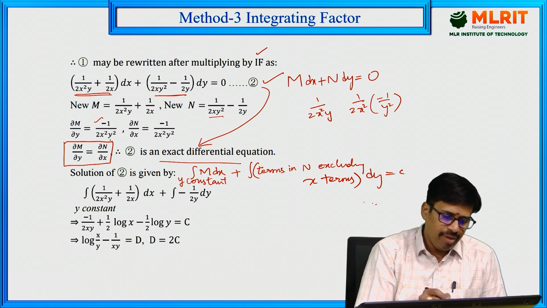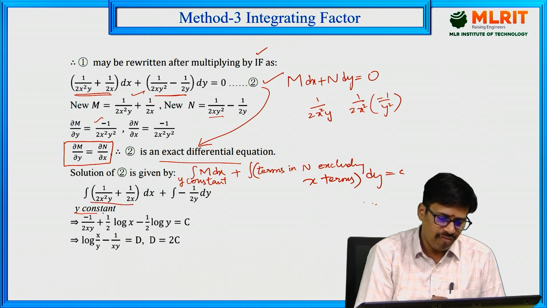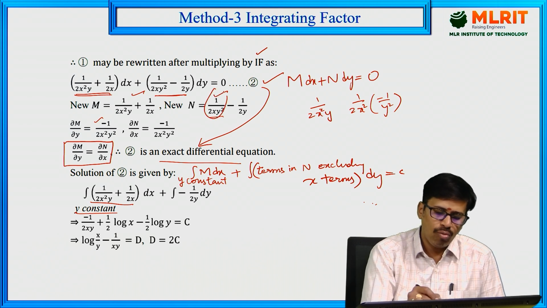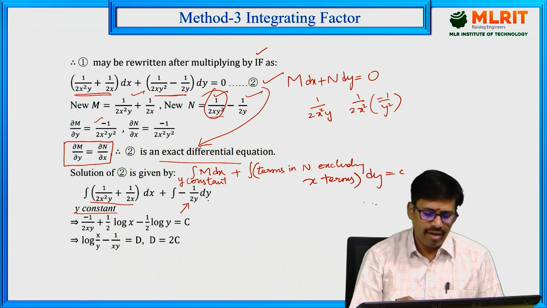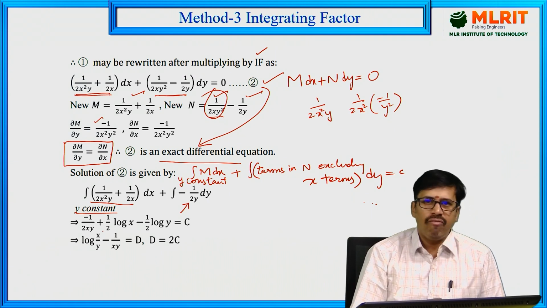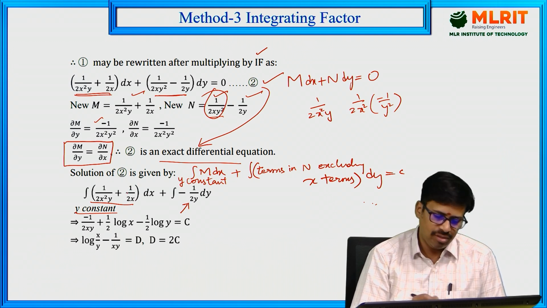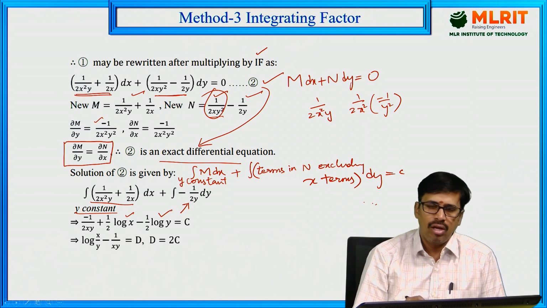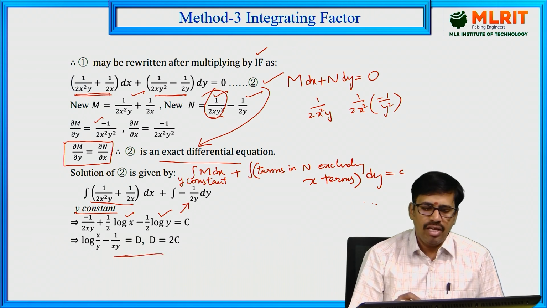So first, M means 1 by 2x square y plus 1 by 2x, dx, where y is constant, plus in N I have x terms, which I don't want, so only consider minus 1 by 2y, integration dy. Integrating keeping y constant in the first term, that is minus 1 by 2xy plus 1 by 2 constant, integration of 1 by x is log x. So 1 by 2 log x minus 1 by 2 into the integral of 1 by y, which is log y, equal to c. So this is the general solution for the given differential equation.